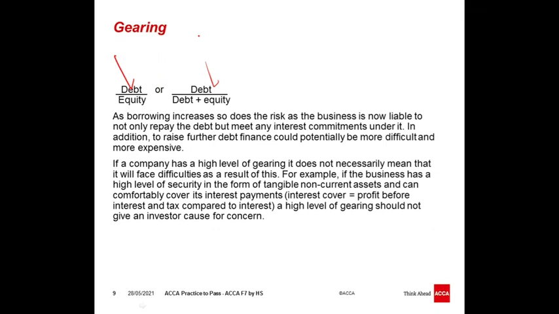Remember this point that gearing is good for the company to a certain extent, but when it is increasing, it will increase the finance cost of the business. That is the fixed cost.